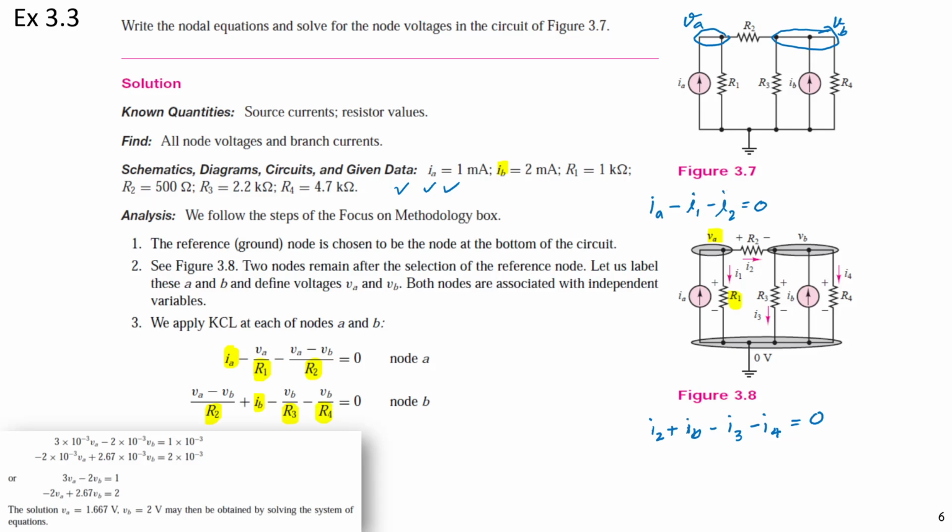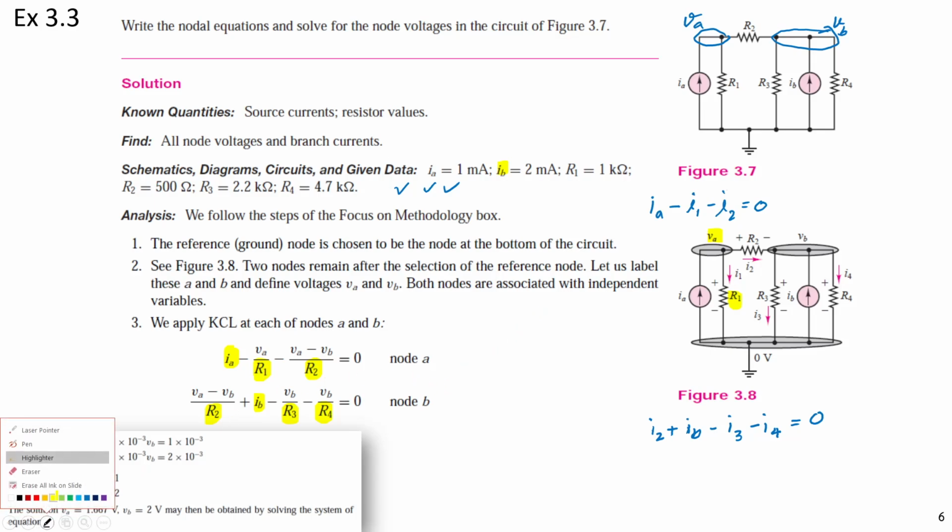How many unknowns remain? 2, right? 2 unknowns, VA and VB. So we can solve for VA and VB. With this method, we can solve for VA and VB.